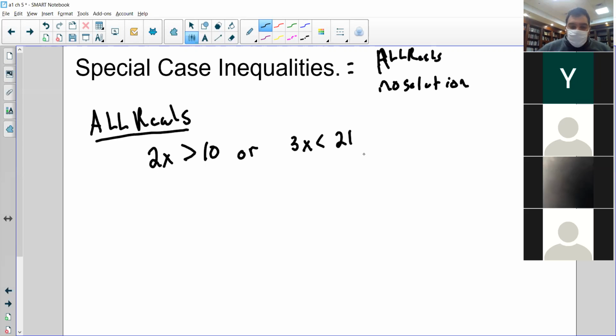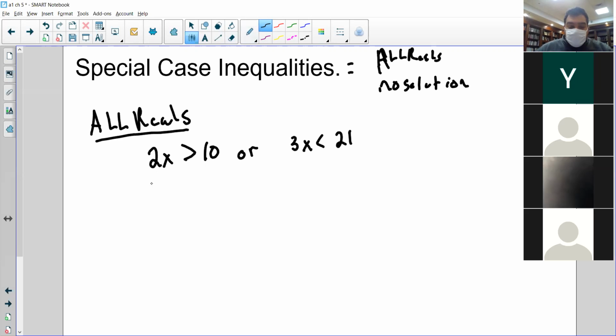If you remember from the last lesson, an or statement is either one or the other. As long as one piece is true, then that number is a solution.